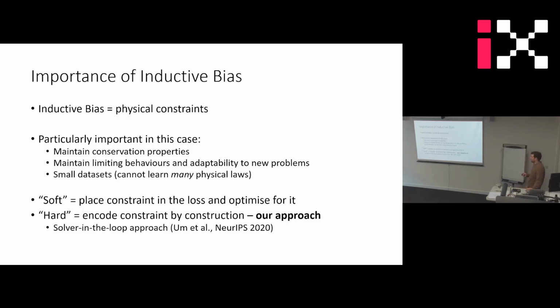I spoke before about physics-inspired neural networks. We could put these constraints into the loss and optimize for them. I don't like that as much as encoding the constraint by construction in the closure or in the differential equations. I've seen this called solver in the loop, or embedded, or trajectory fitting approach.